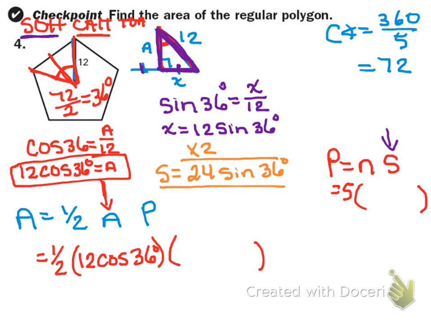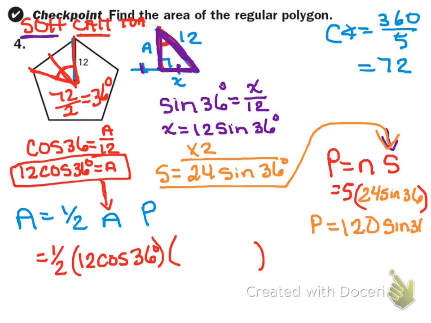We would then take this number and put it into the formula over here for the length of the side. 24 times the sine of 36 degrees. I want to simplify this just a little bit and find our perimeter. Our perimeter then, we could say, would be equal to 120. When we multiply the 5 times the 24, it's 120 times the sine of 36 degrees. So this is our perimeter.